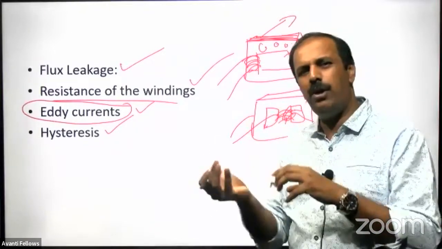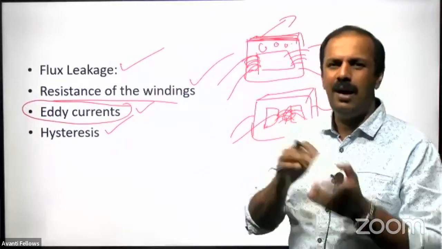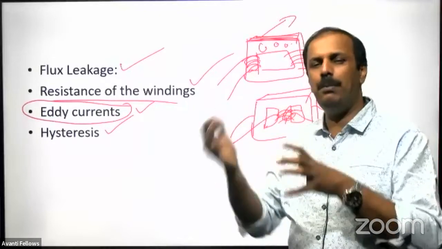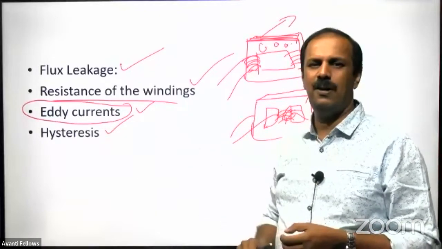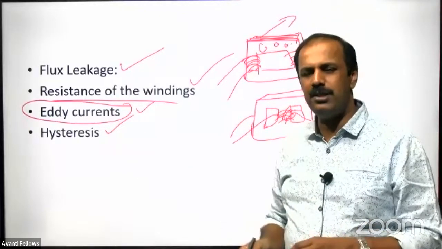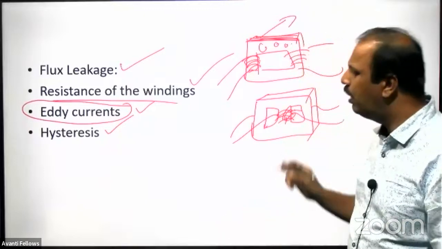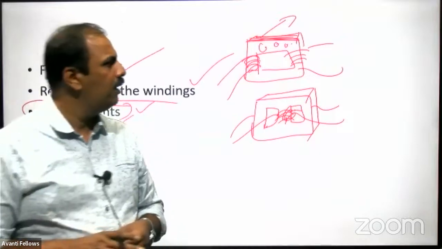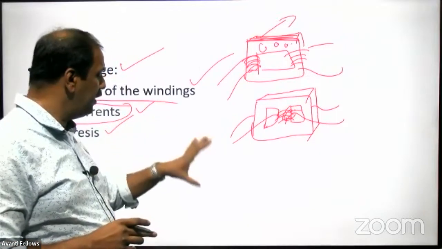Once it is made north, then changing to south will take some time. That delay or remembrance is called hysteresis. If you want to reduce hysteresis, the only method is to use materials which have less hysteresis loss. That's all.